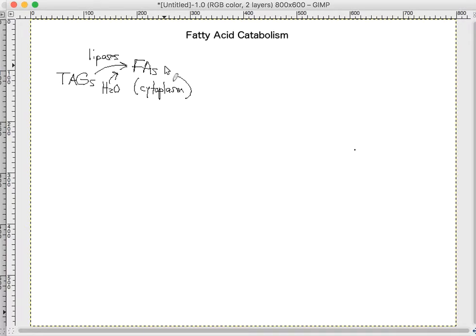And so we're going to activate them. Now, the first step of activation uses an ATP molecule and couples that fatty acid to the AMP.